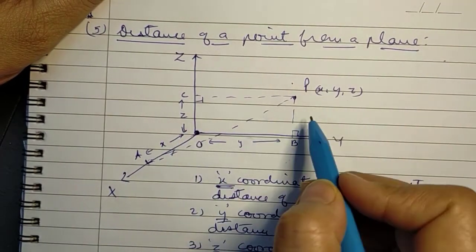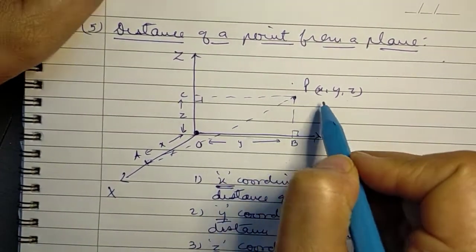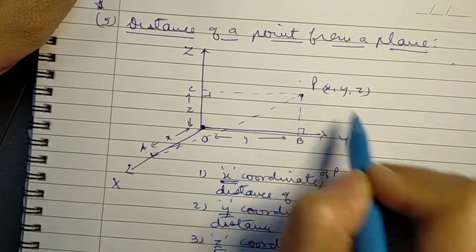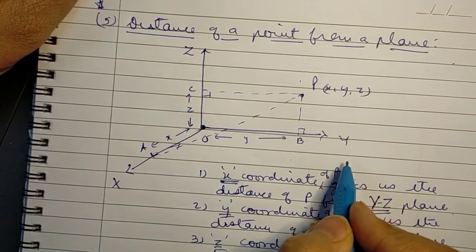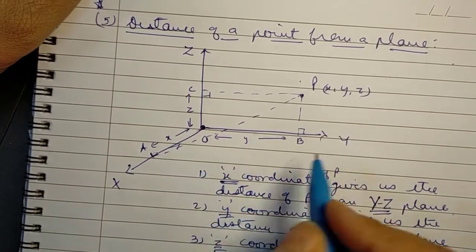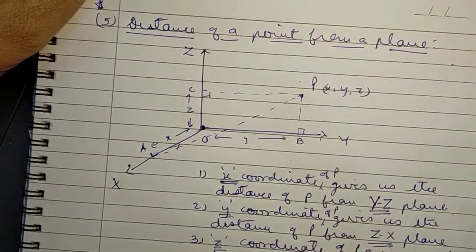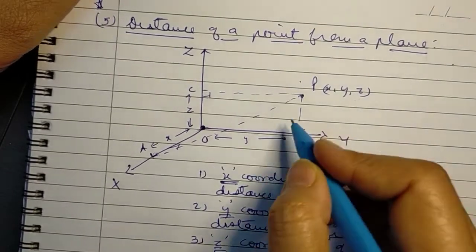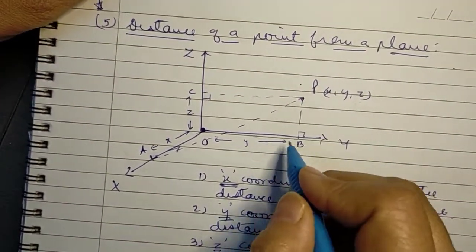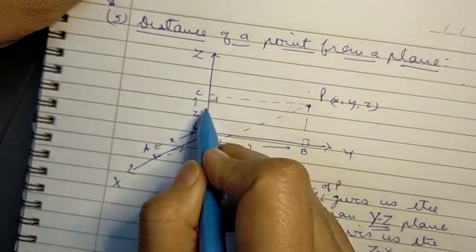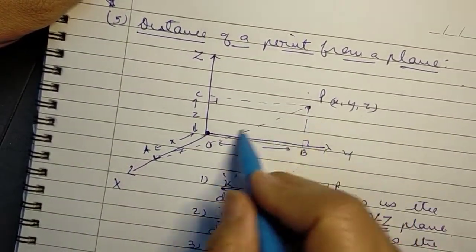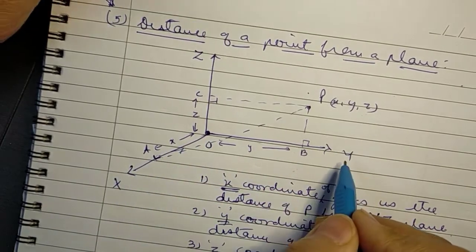Now suppose I want to find the distance of the point P from the XY plane. Obviously, if you are talking about the distance of a point from a plane, it has to be the perpendicular distance, and we know that the Z axis is a direction perpendicular to the XY plane.